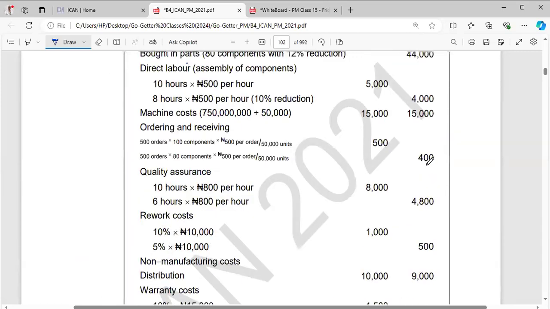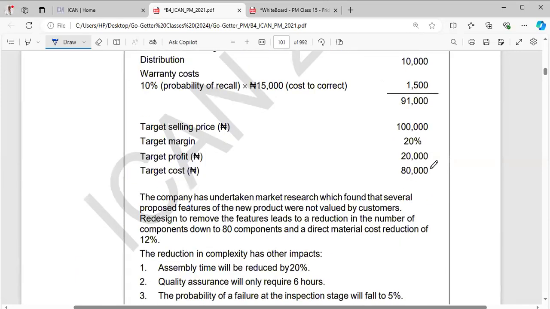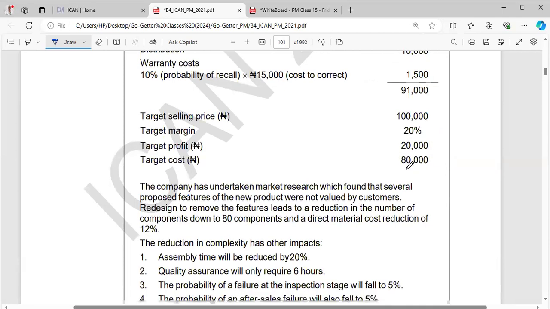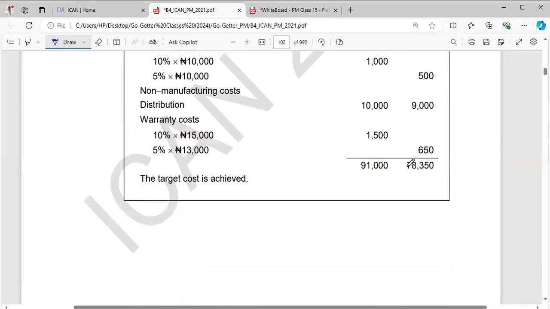So what was our target cost earlier? 80,000 was the target cost. And now when we closed the gap we got 78,350. So the target cost is achieved, meaning that you will not go above your 80,000 target. You are now within that 80,000 that you planned.